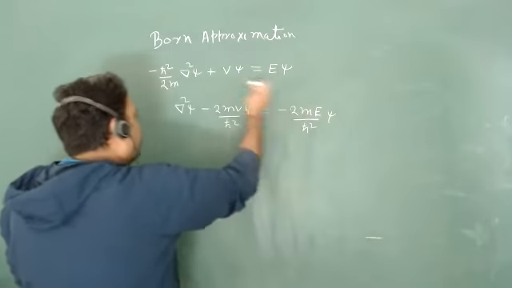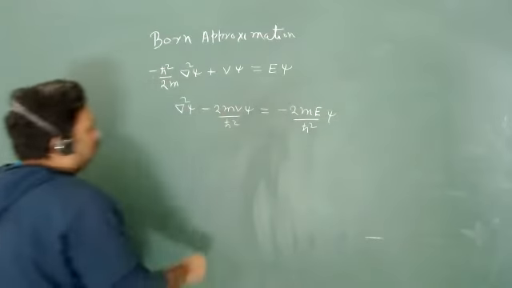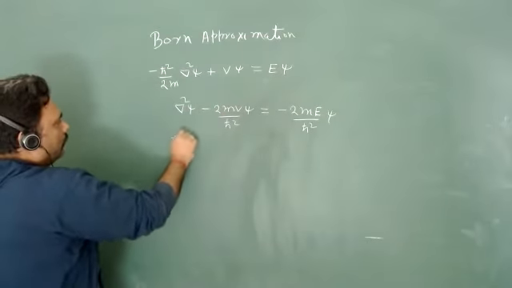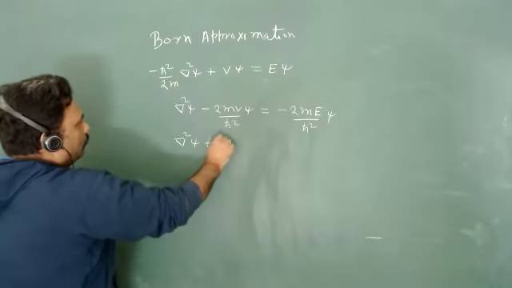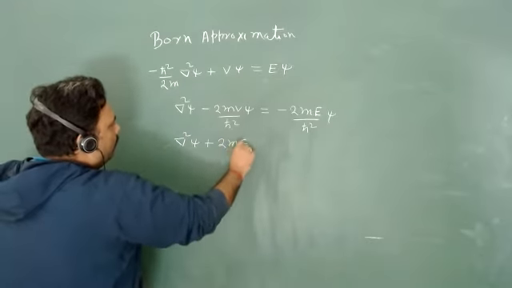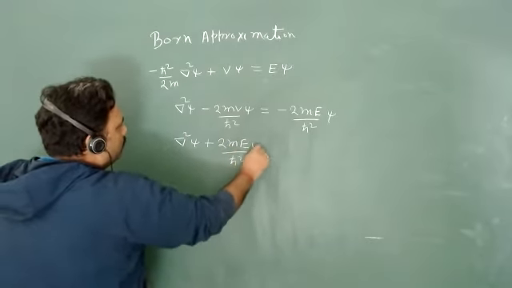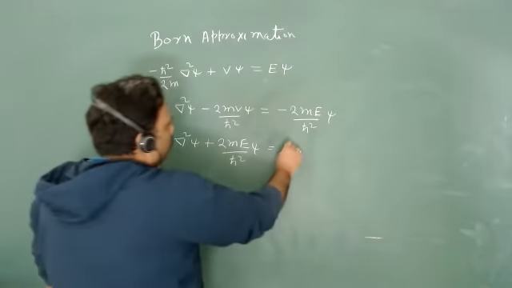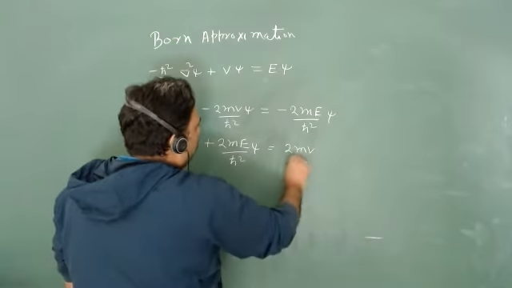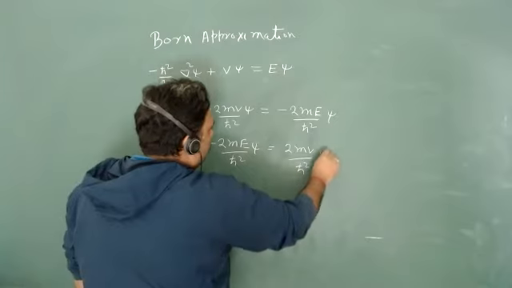What I am doing is taking this term to the other side. So we have del square psi plus 2mE upon h cut square psi is equal to 2mV upon h cut square psi.